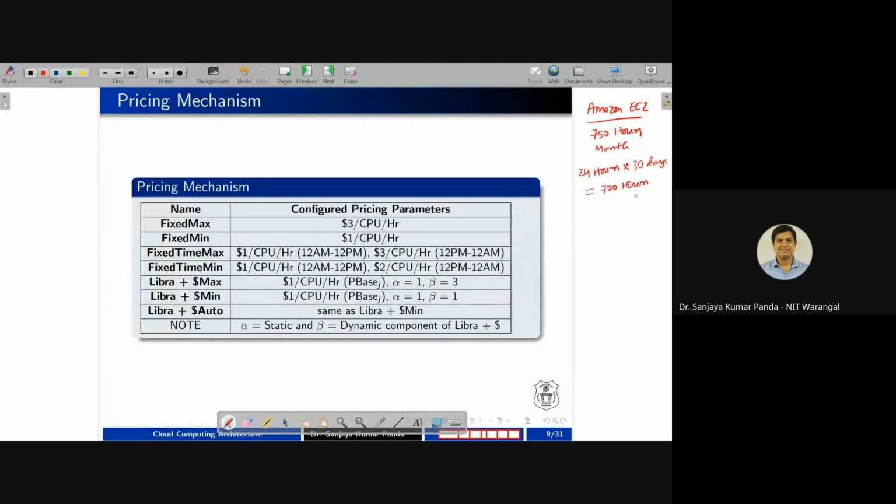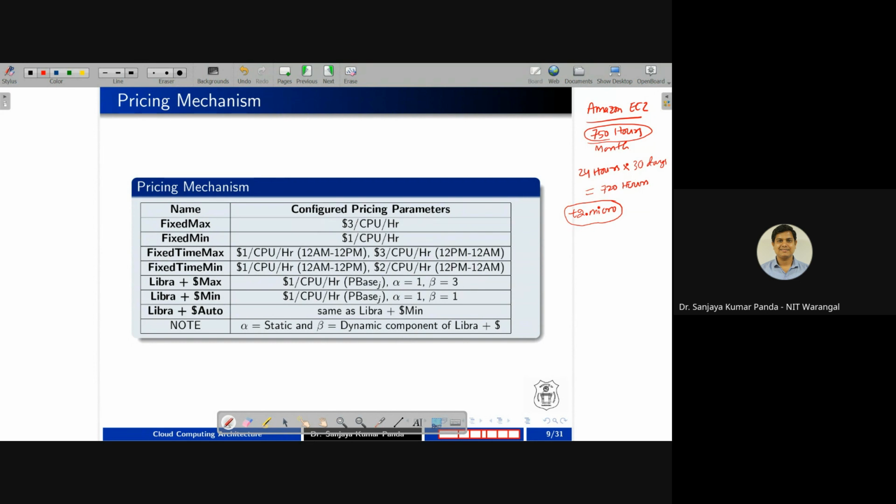So somebody can say that if I use a particular instance, let it be a T2 micro instance, throughout the day or throughout the month, then also I am not going to exceed 750 hours, right? So you are getting 720 hours. Yes, Anusa madam mentioned 720 hours, right?